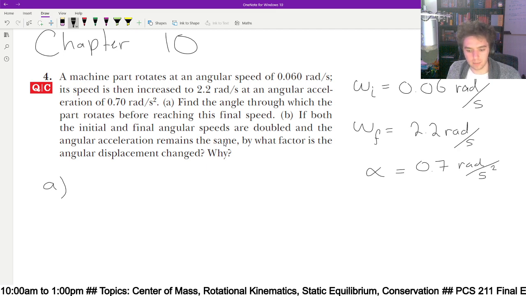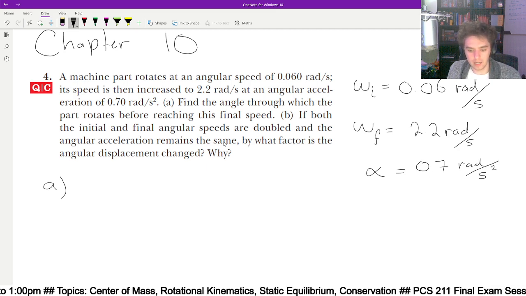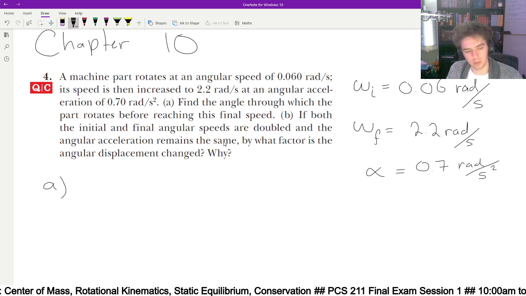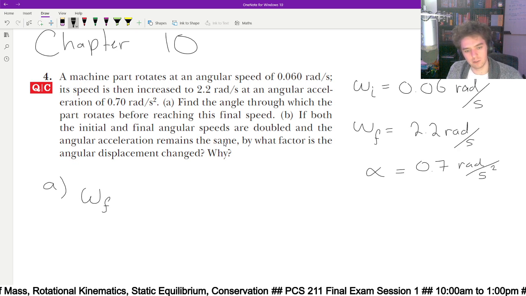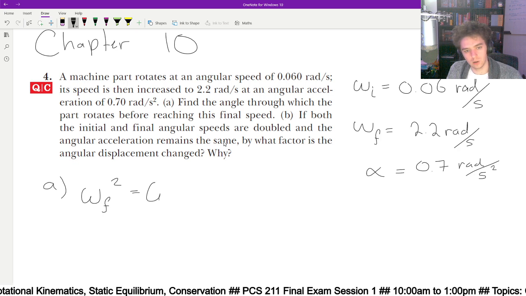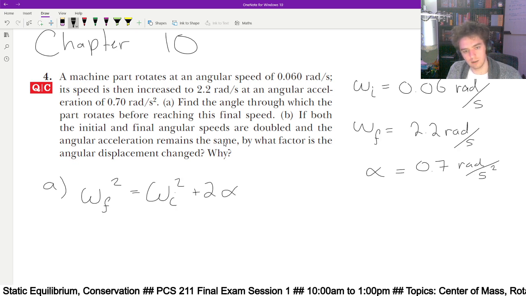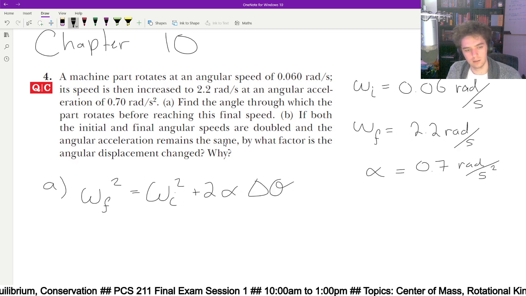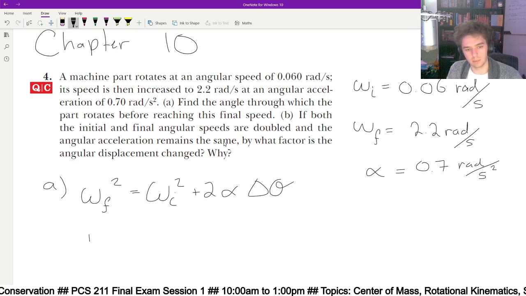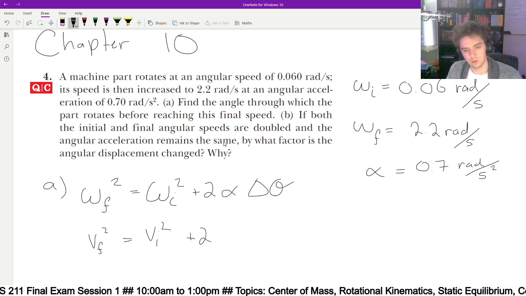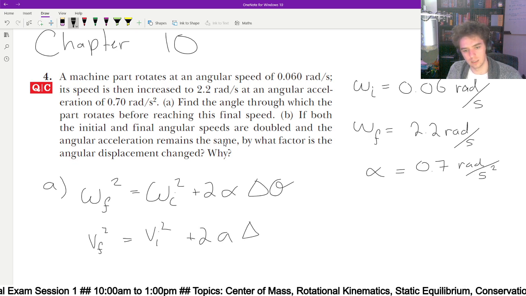So we could just use our kinematics equations. We don't know anything about time, but we can use omega f squared equals omega i squared plus 2 times alpha delta theta, which is the same thing as what we had before in kinematics: vf squared equals vi squared plus 2 acceleration delta r.